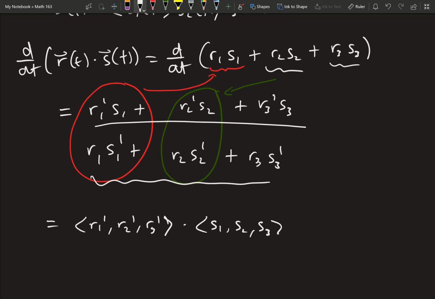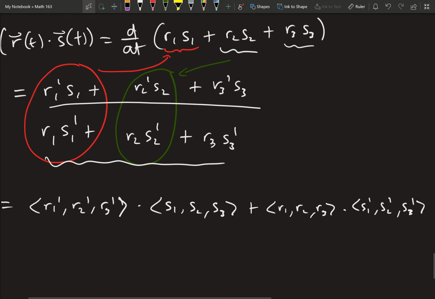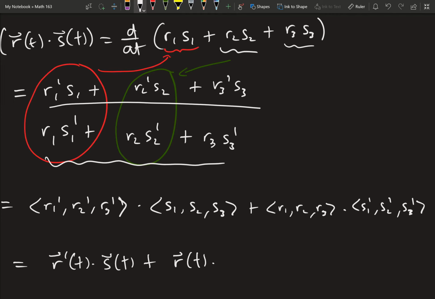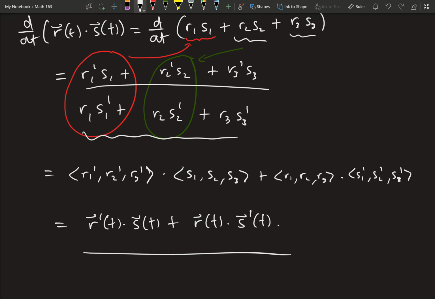And these three terms are equal to r1, r2, r3 dot s1 prime, s2 prime, s3 prime, and that's exactly r prime of t dot s of t plus r of t dot s prime of t. So the derivative of the dot product is the product rule on the dot product. That's what that tells us. So this is the end of the proof.